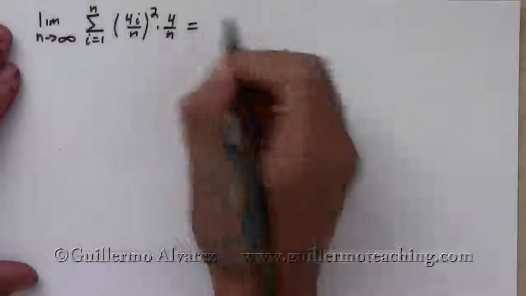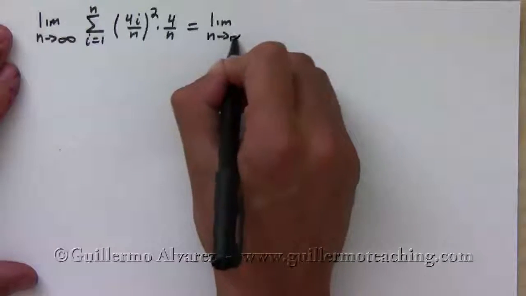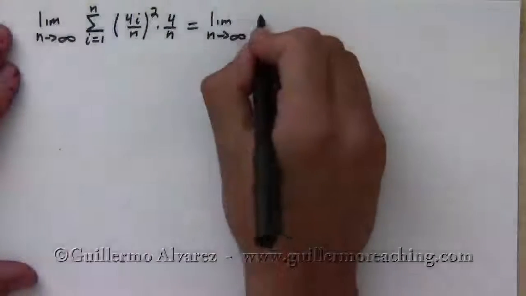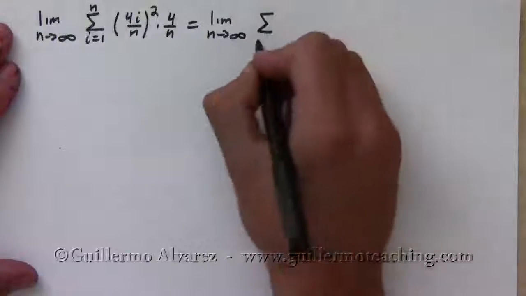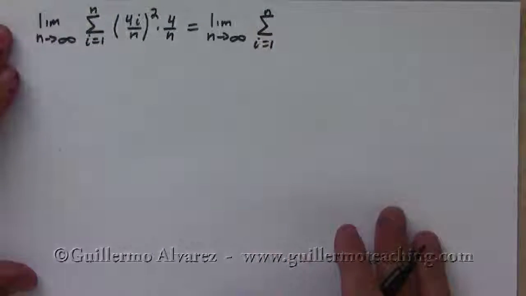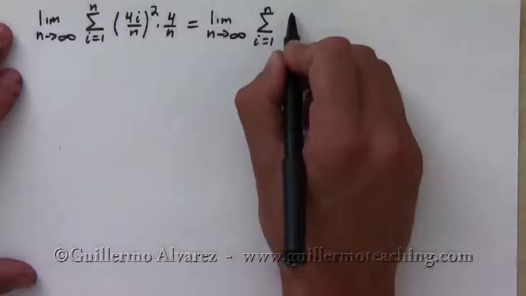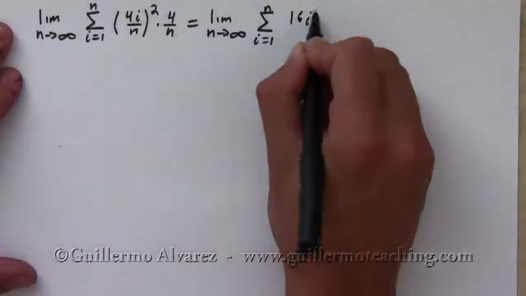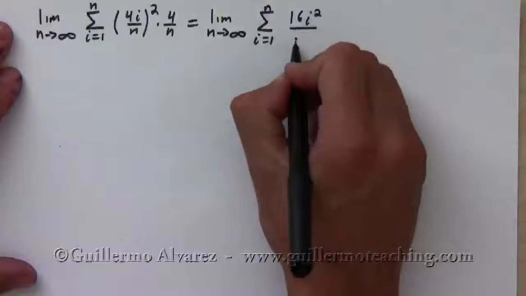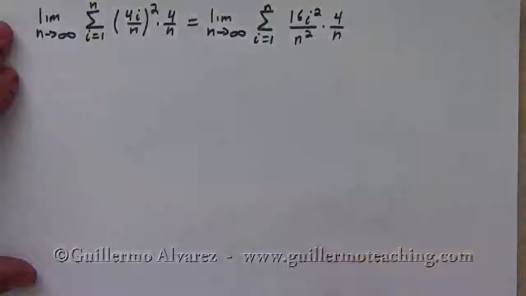Okay, so the first thing we should do is take out the constants. So here let's just square all this. This is going to be 16I squared over n squared times 4 over n.